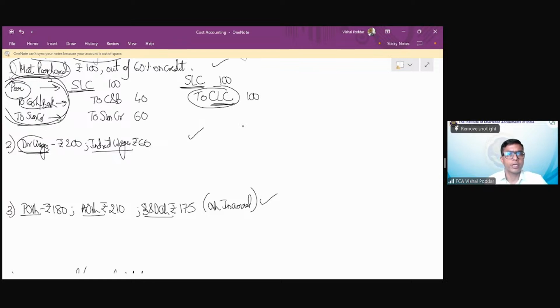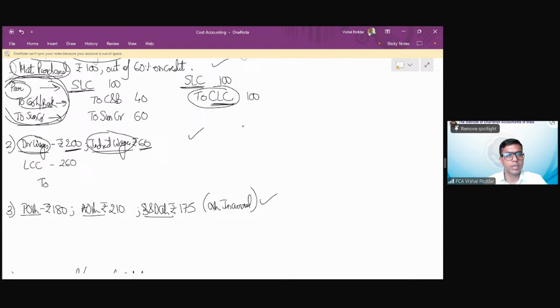Now wages. Again, in accounting, we don't have the bifurcation, but in cost accounting, we always show wages separately, direct and indirect. Now, what will be your accounting entry? It would be wages account debit to cash bank. Here, we have the labor cost control account. So LCC, which is the labor cost control account, that will be debited by 260, that is total of direct and indirect.